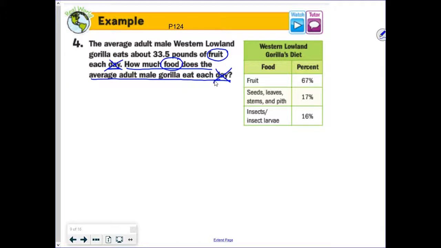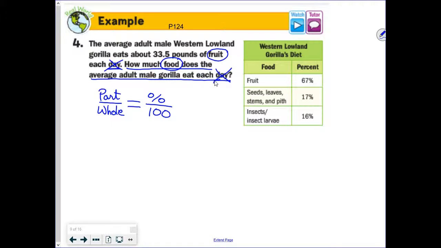So when I set up my proportion, part over whole equals percent over 100, I will look for a number that goes along with the fruit to be the part, and I will look for a number that goes along with food to be the whole.